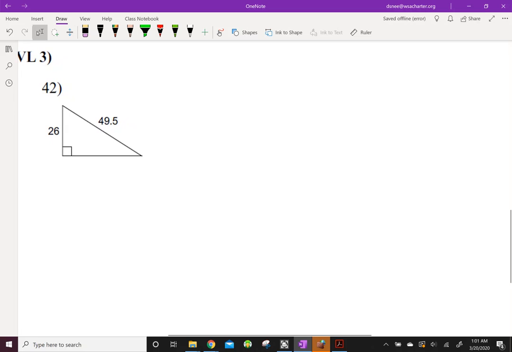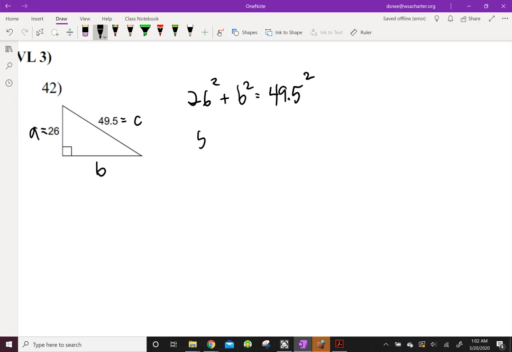And over here, let's see. Hypotenuse is C, and then this other leg is B. So 26 squared plus B squared equals 49.5 squared. 26 to the second power is 529 plus B squared, 49.5 to the second power, 2,450.25.